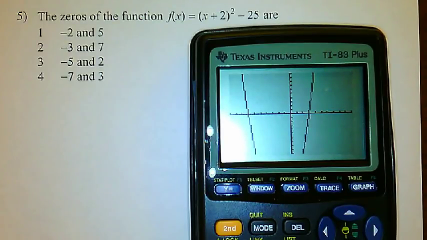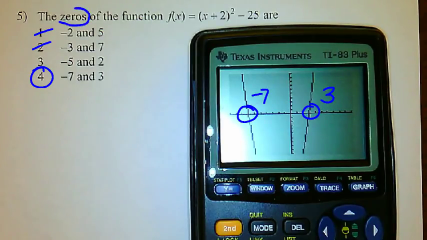So I'm trying to figure out what my roots are. So if you look at this, I have a root here and I have a root here. Okay. So I see I'm further on the negative than I am on the positive, so it can't be either of those. So now I just have to count. So 1, 2, 3, 4, 5, 6, 7. So negative 7 and positive 3, so choice 4. So, when you get questions like this, the biggest thing they're looking for is, do you know what a 0 is?